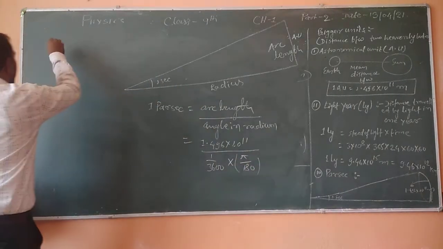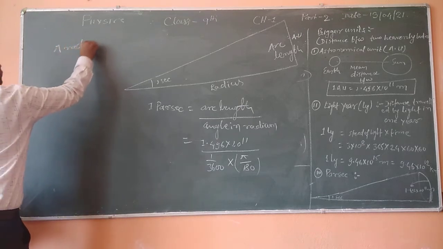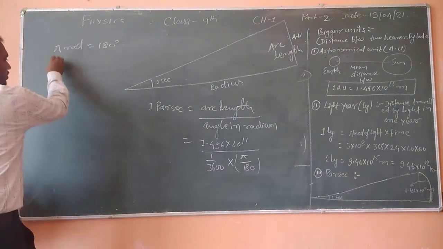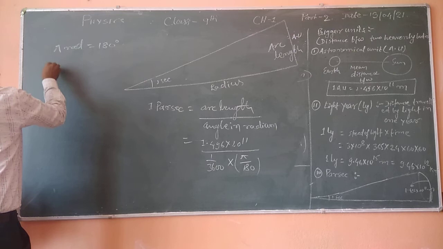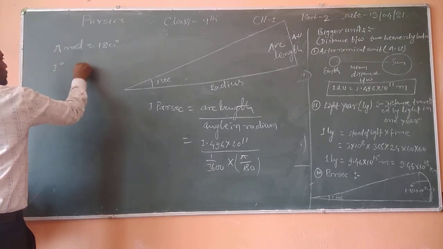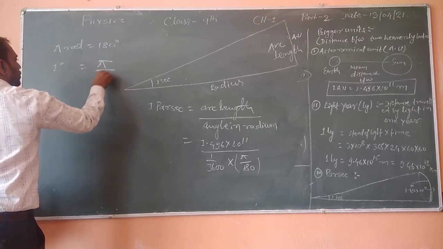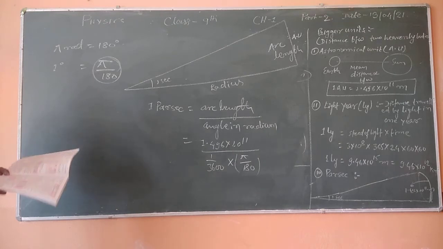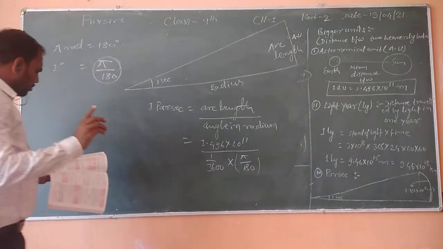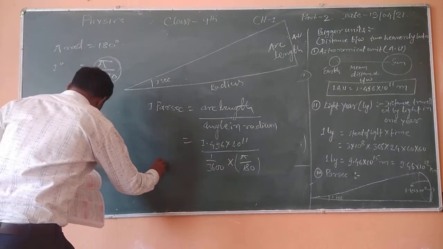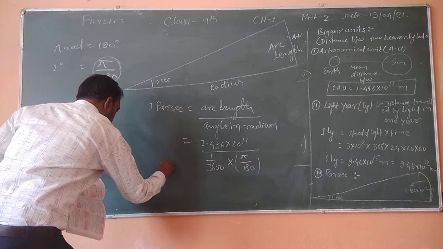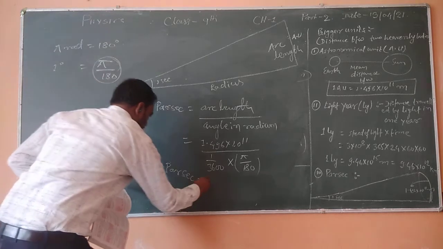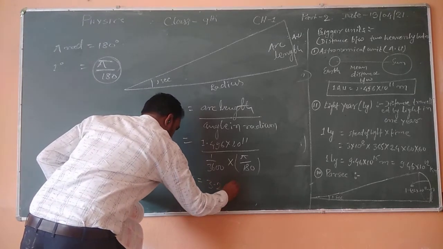You know that pi radian is equal to 180 degree, so 1 degree is equal to pi upon 180. You only have to remember that 1 parsec is equal to 3.26 light year.